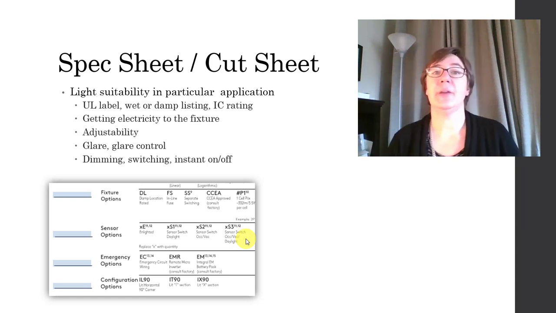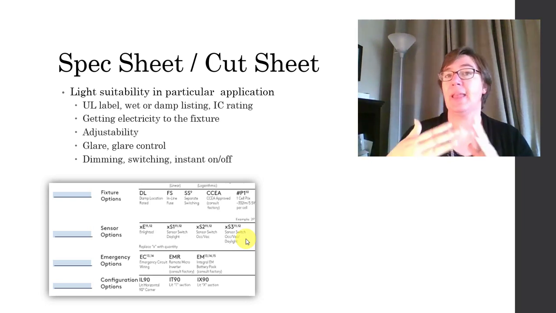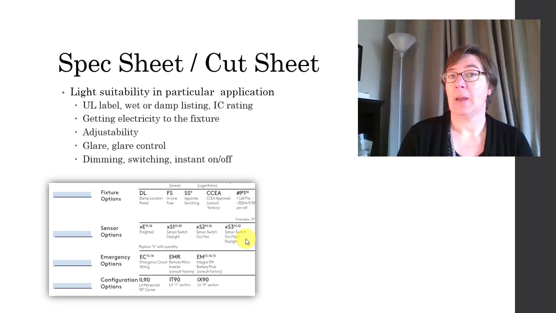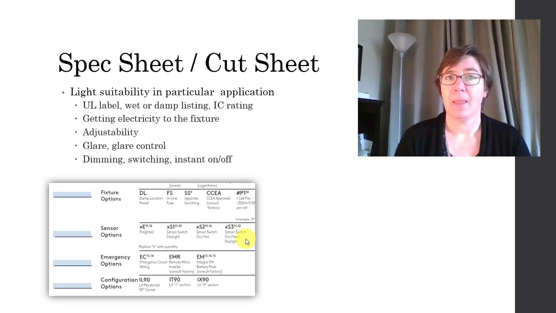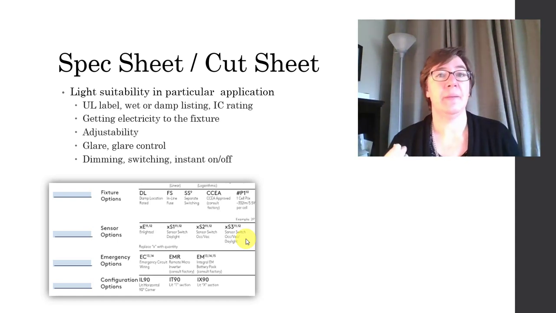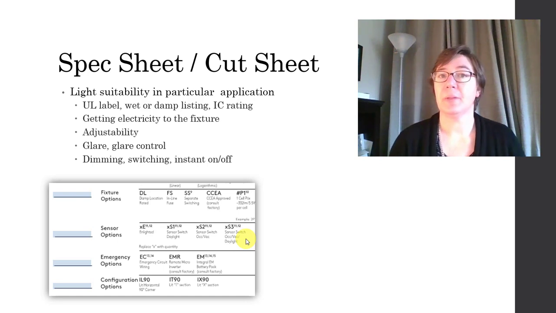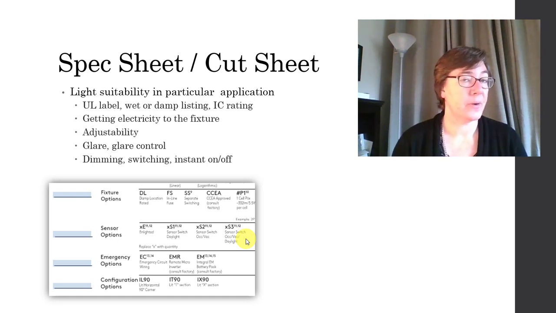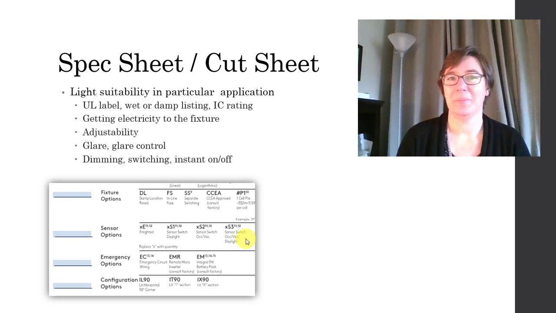Is there glare control, or is there a specific angle at which glare is a problem? And finally, is it able to be dimmed? So dimming, switching, is it instant on and off or not? All of these can have a big role in how you select your particular luminaire.